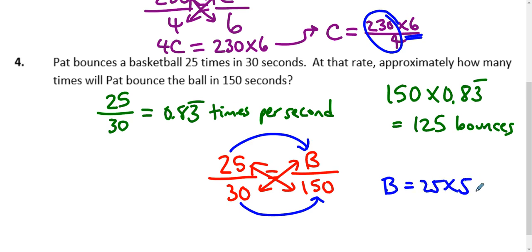And sure enough, that's it. So no matter how you skin the proverbial cat, you've got to end up with 125 bounces. So the green method is a scale up, scale down thing. The red method is a proportion.